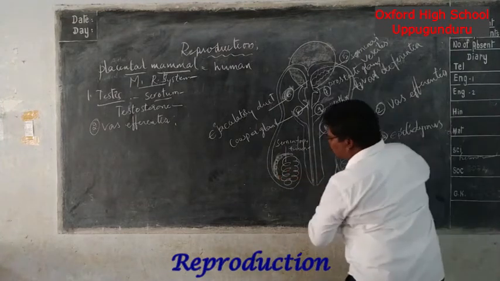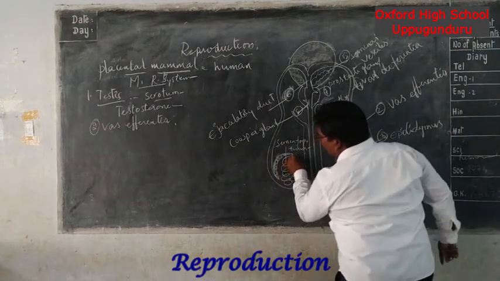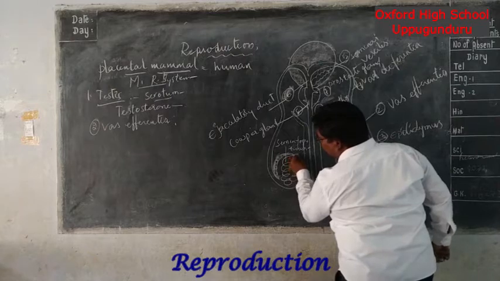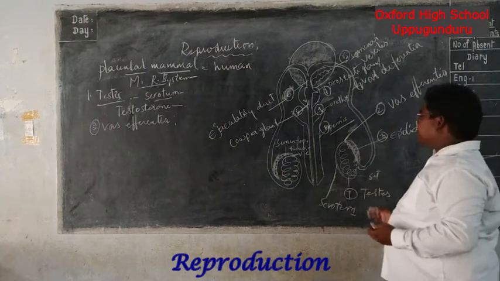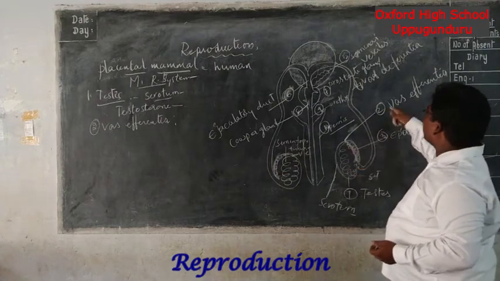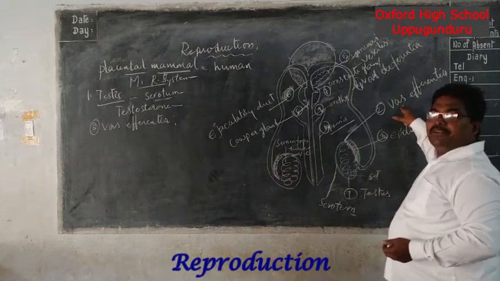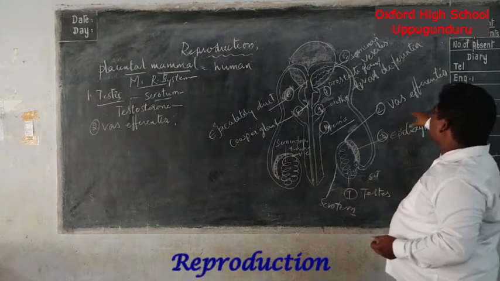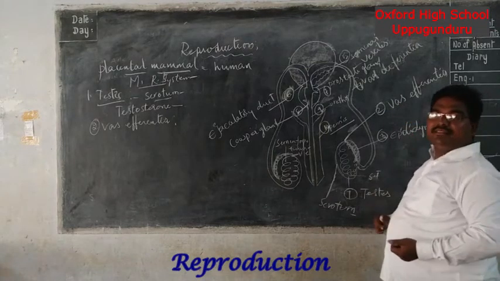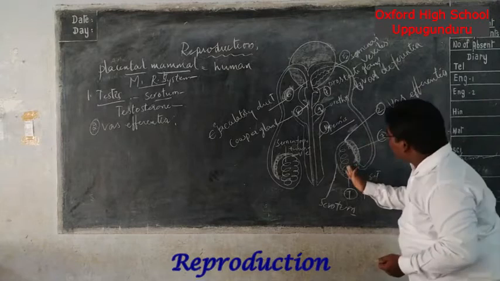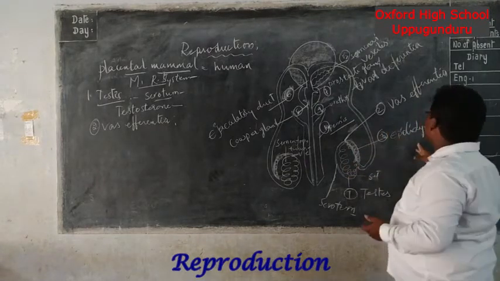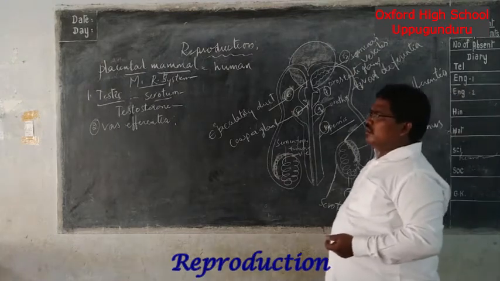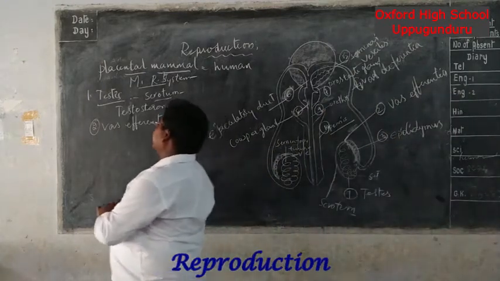The seminiferous tubules open into vas afferentia, which carry the sperms into the epididymis. Okay, third one.